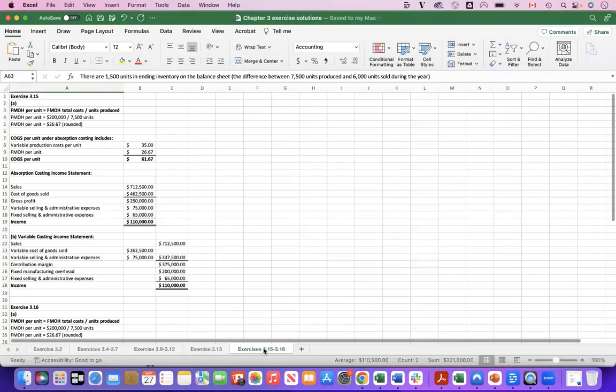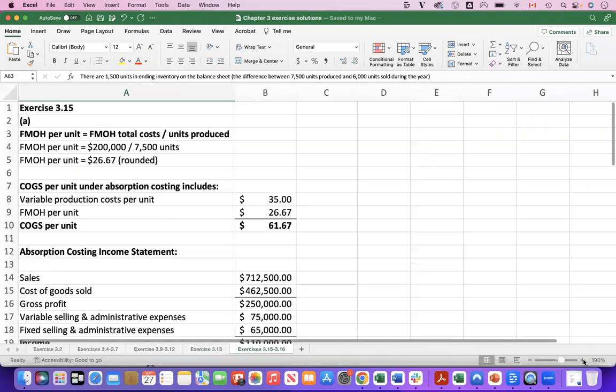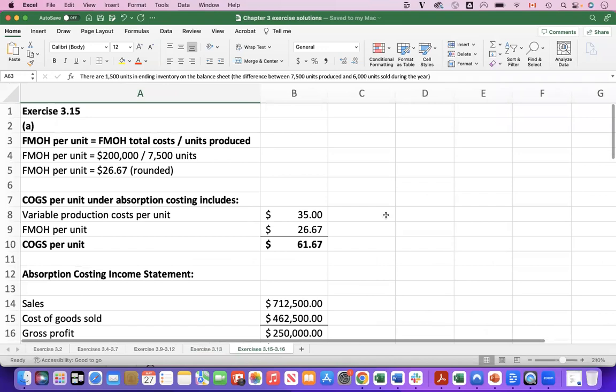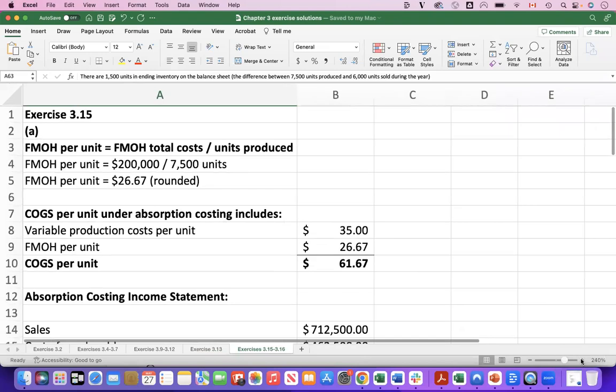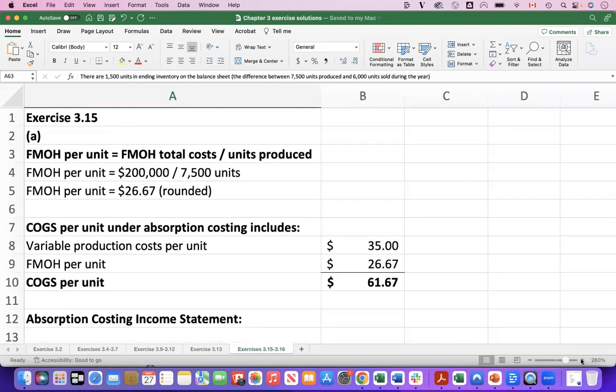So if we look at the first scenario, we're dealing with absorption costing. Remember, under absorption costing, our product cost, the items that end up in cost of goods sold, is direct material, direct labor, variable manufacturing overhead, and fixed manufacturing overhead, all are included there.